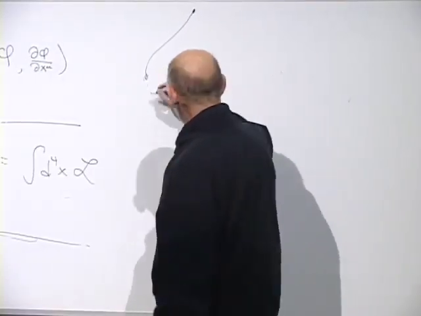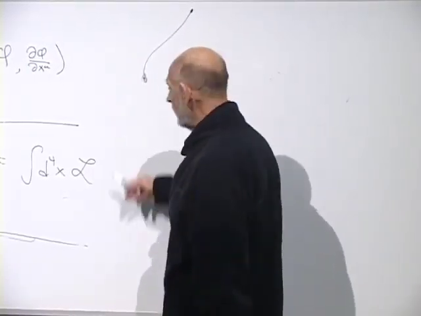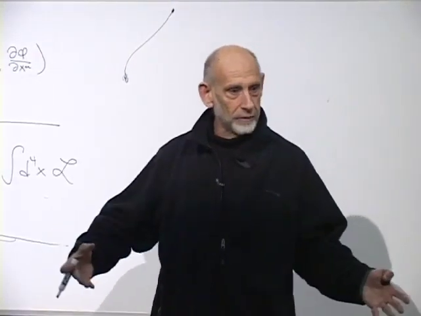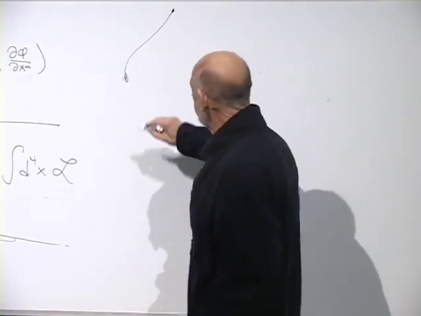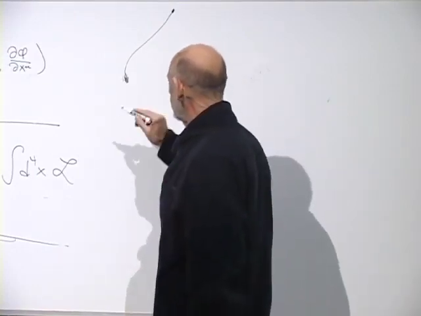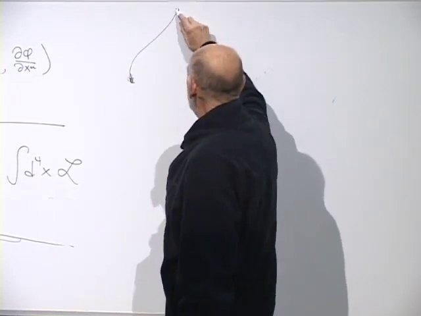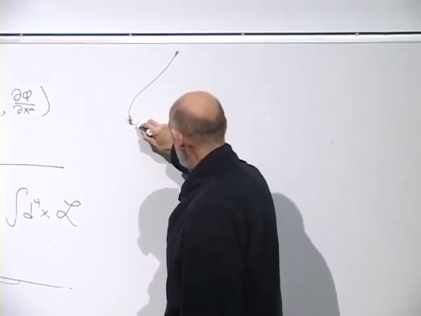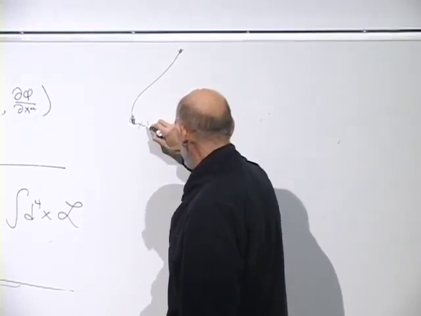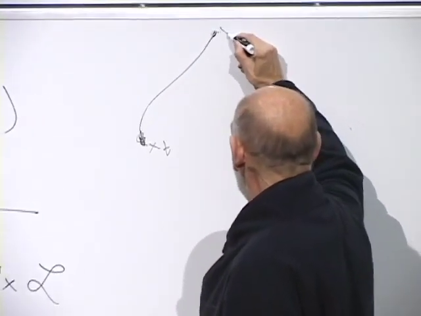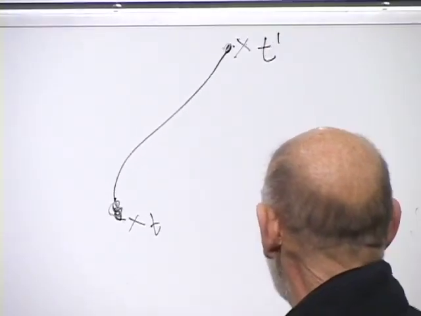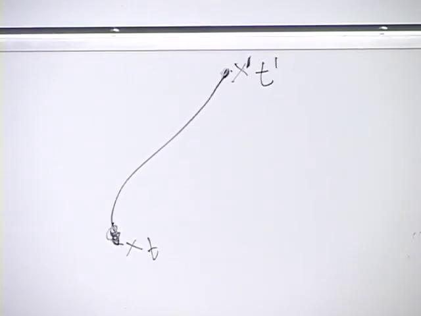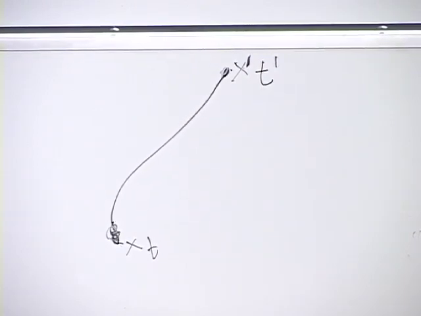So for example, you can ask the question, what is the amplitude that if a particle is injected into the world, however it's injected in, at a space-time point x and t, what is the amplitude that if I look for it at a later time, let's call it t prime, that I will find it at position x prime and t prime?